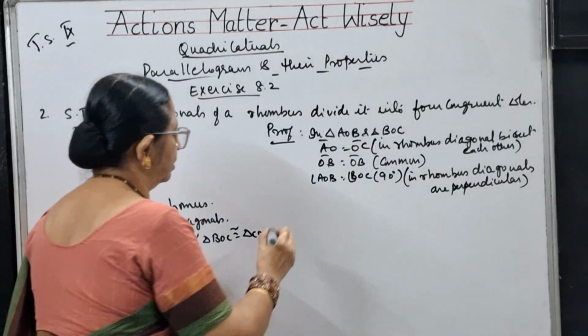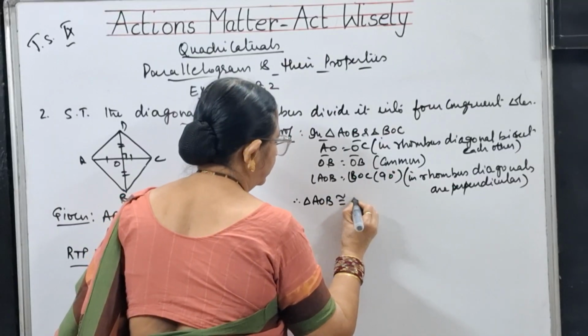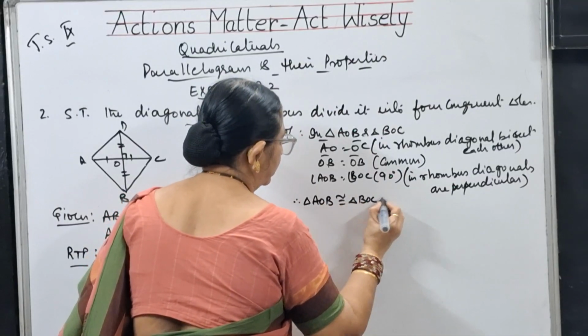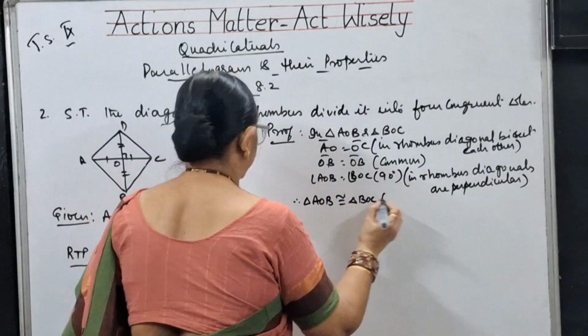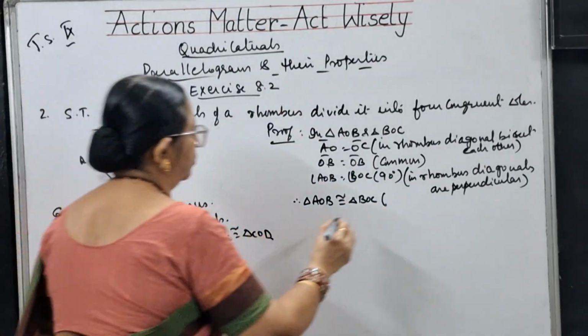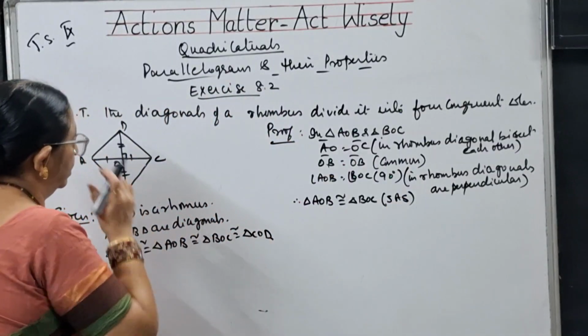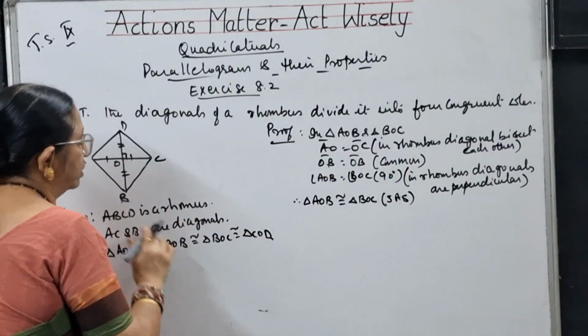So, what can you say? Triangle AOB is congruent to triangle BOC basing on side angle side property. Okay. So these two triangles are congruent.